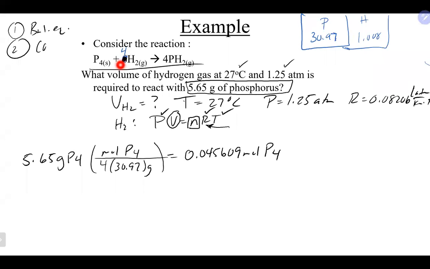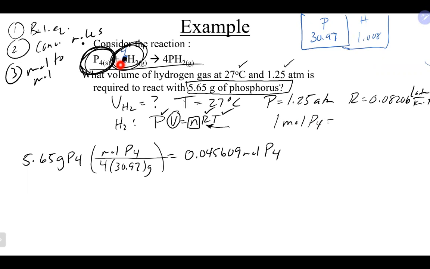So we convert it to moles. Next is the mole to mole relationship. So from the equation, we see for every 1 mole of P4, there is 4 moles of H2. So the stoichiometry there, 1 mole of P4 gives us 4 moles of H2, which means we'll just do our stoichiometry here.